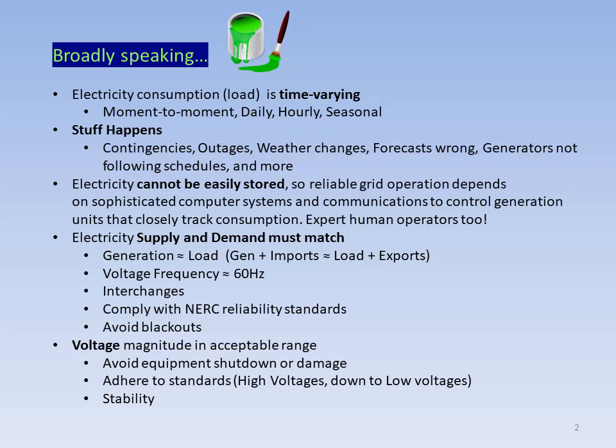To maintain stability and avoid damaging equipment, generation must approximately equal load and voltage must be maintained within prescribed bands. Furthermore, the frequency of voltage needs to be maintained near 60 Hz. This is true at thousands of volts down to tens of volts. Power flows into and out of the ISO's balancing area must be kept within limits. And the ISO must adhere to NERC standards.